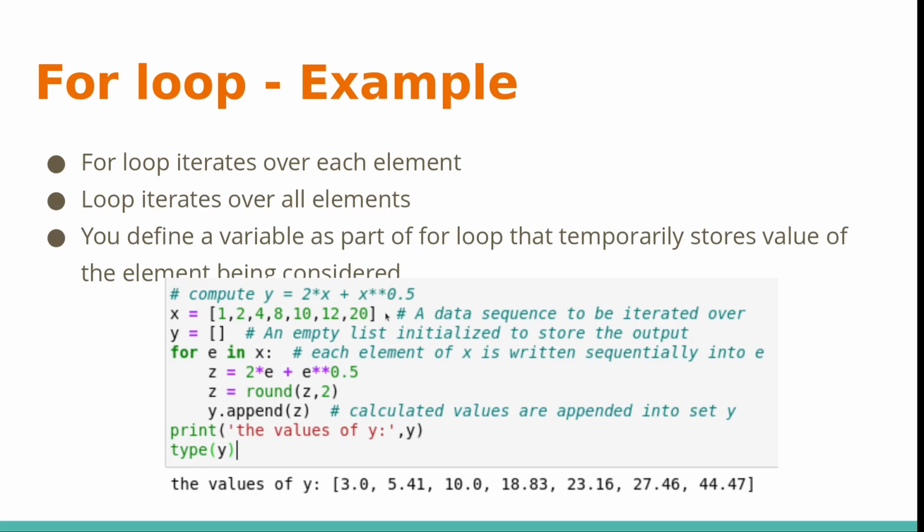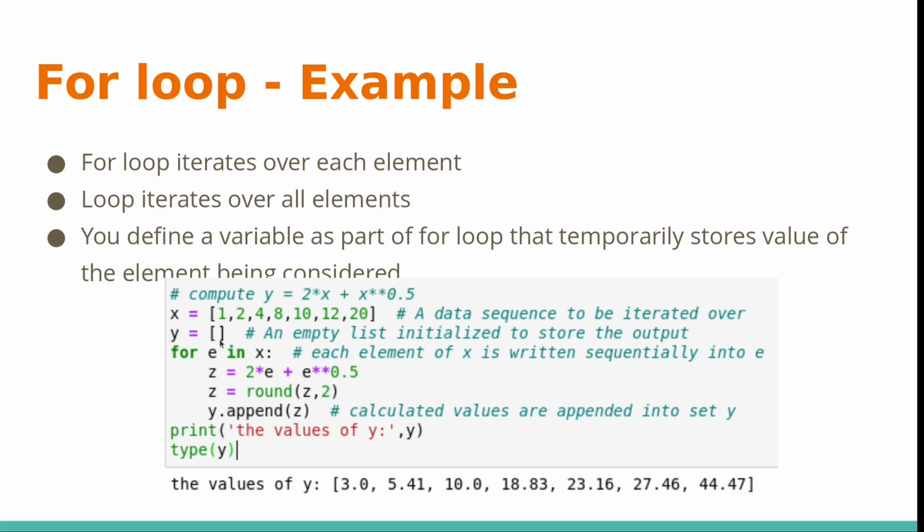All right. To do that, I can make use of a for loop. So I have my X. This is the list I'll be looping over. Y is an empty list, and you can create an empty list by simply putting open and close square brackets with nothing in between. So this creates an empty list.